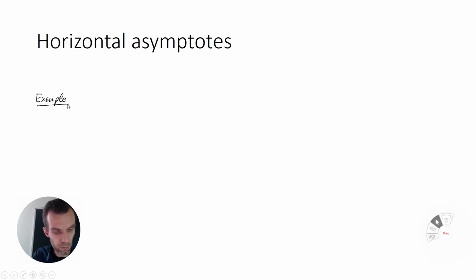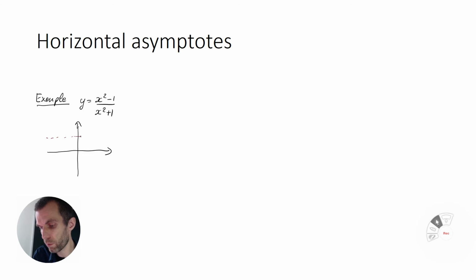So let's recap an example that we had earlier on: x squared minus 1 divided by x squared plus 1. Here we said the graph looks like this. We have a horizontal line like so, and then the function does this, and then it goes like that.